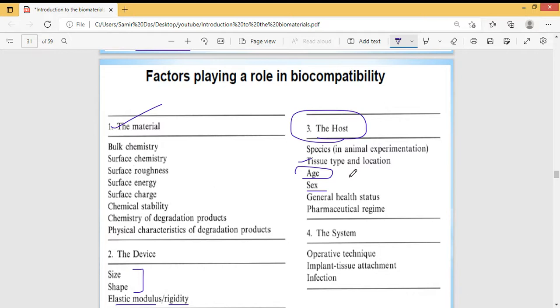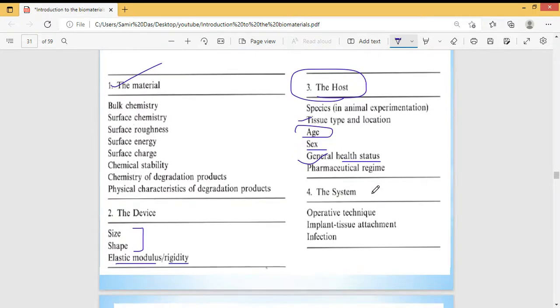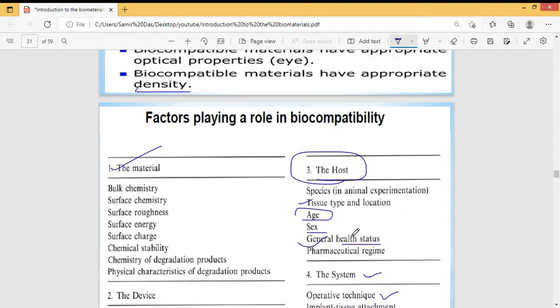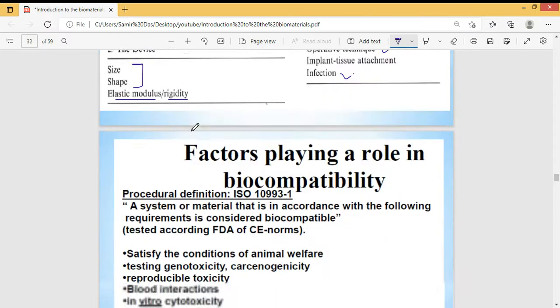So location-wise we will decide which kind of biomaterials we will use. And also we have to take care of general health status before implantation, and the system. So implant tissue attachment, operative technique, and infection, those are the prime factors playing a role in biocompatibility.